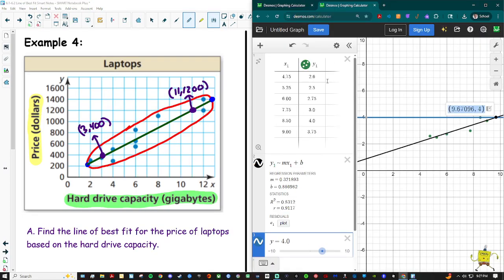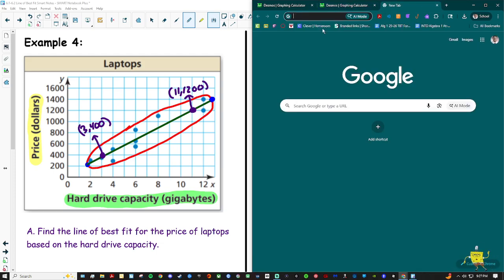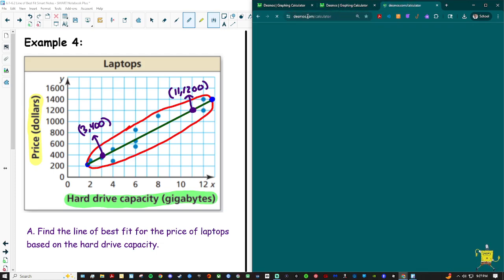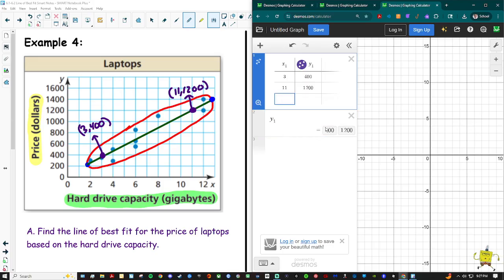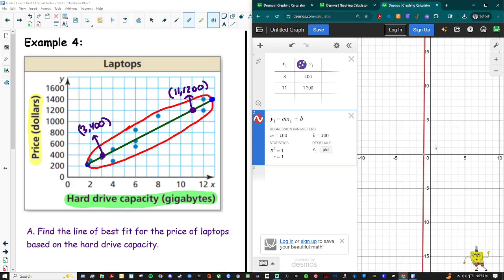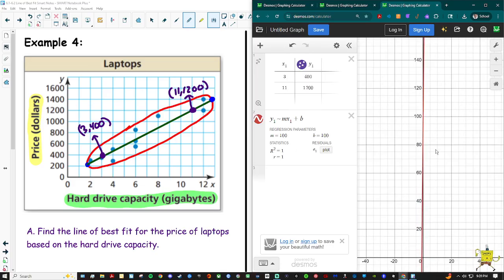So these are my 2 points I'm going to use in Desmos in order to estimate my line of best fit. So I am going to go to Desmos. I'm going to add a table. And I'm going to put in my 2 points, (3, 400) and (1, 100). Okay, and I'm going to type in my cheat code. y1 ~ mx1 + b. So here's my line of best fit.